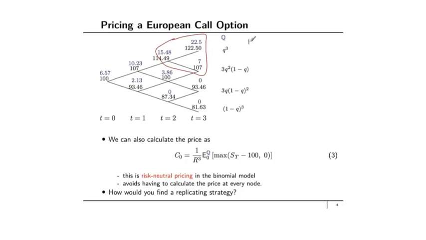I know that the 15.48 over here is equal to 1 over R times Q of 22.5, so Q times 22.5 plus 1 minus Q times 7.